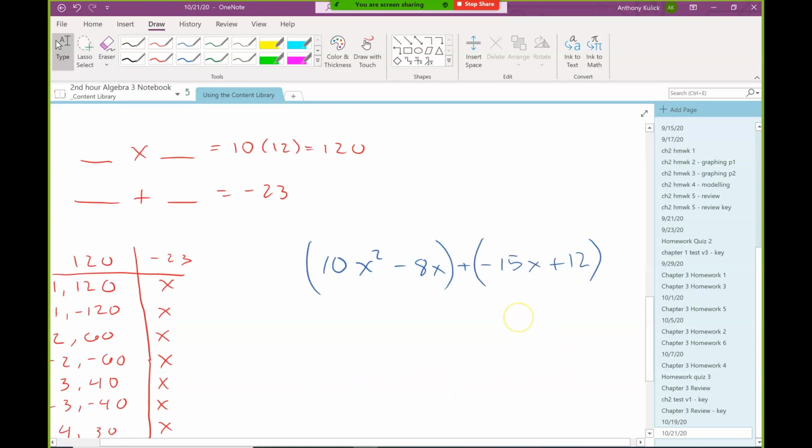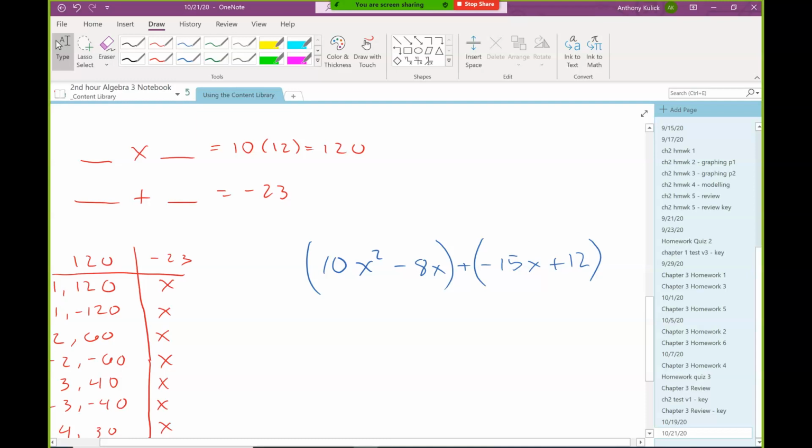So I'll make two groups then. And I'm going to look now for my greatest common factor. So what's the biggest thing that we can divide from 10x squared and negative 8x? 2 is the biggest thing that we can divide between 10 and 8.